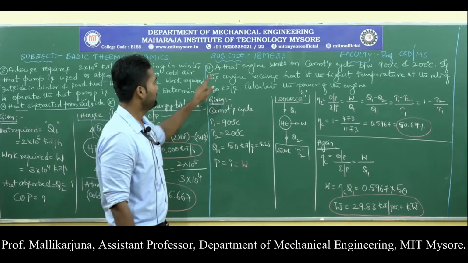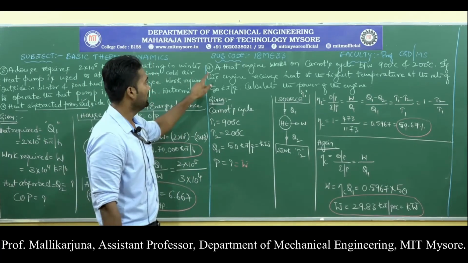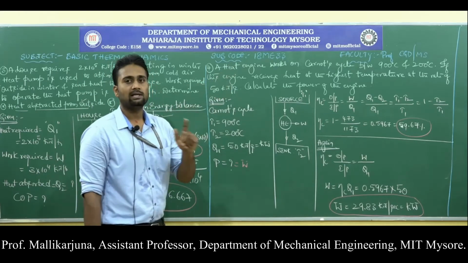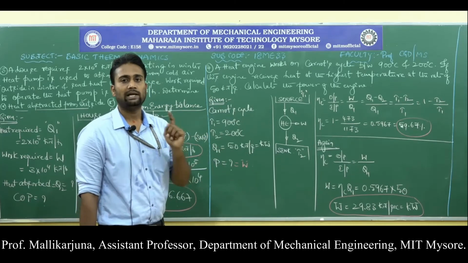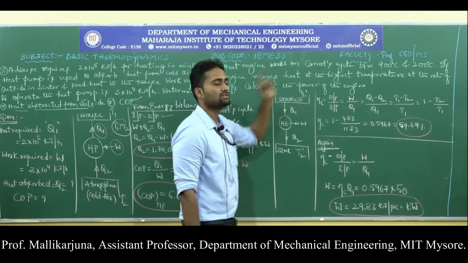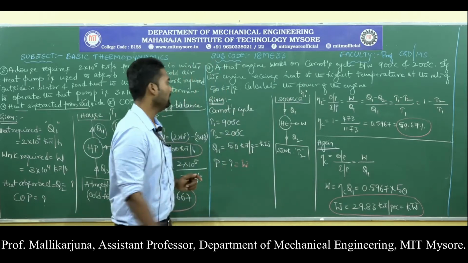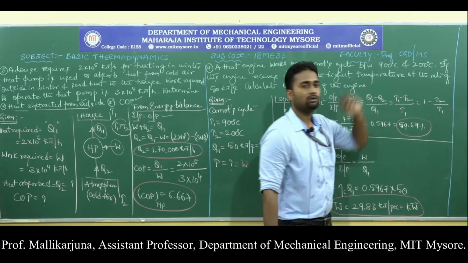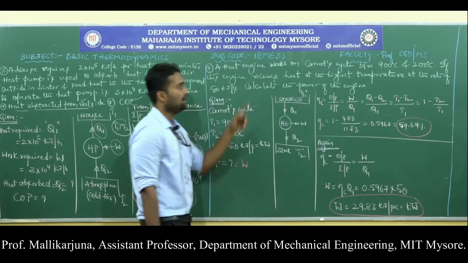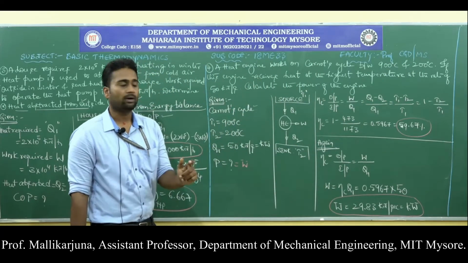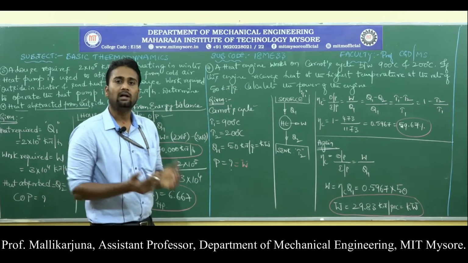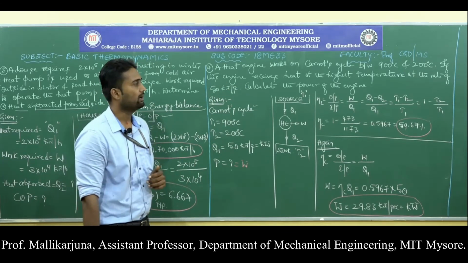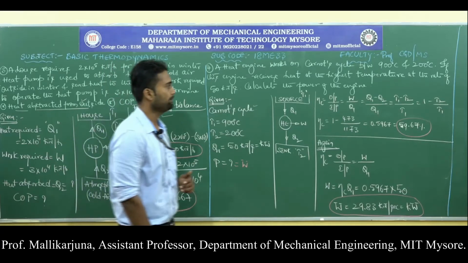Let me read the problem to you first. A heat engine, here he is calling it an engine. The heat engine works on the Carnot cycle. The engine is working on the Carnot cycle between 900 degree centigrade and 200 degree centigrade. That means the higher temperature with which the engine is operating is 900 degree centigrade, and the low temperature is 200 degree centigrade.